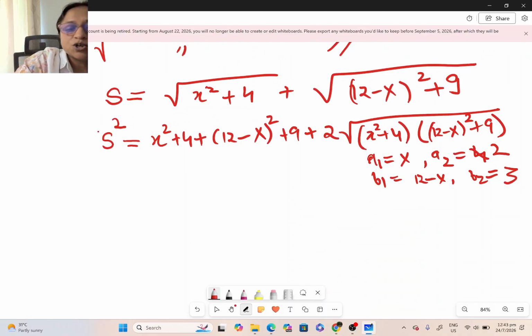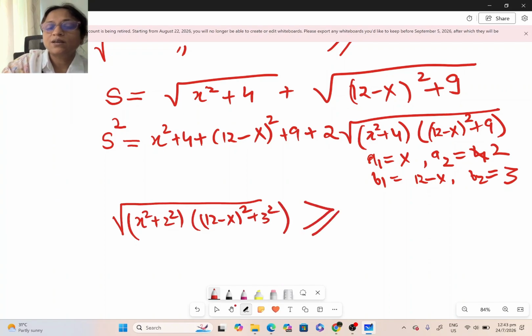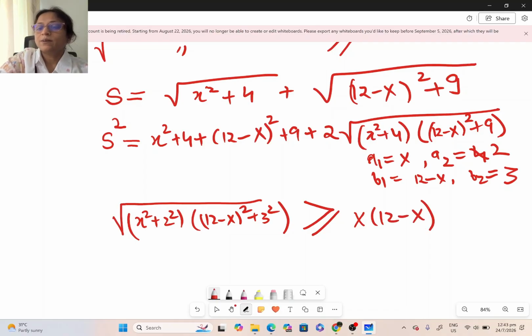We know by Cauchy-Schwarz that (x² + 2²)((12 − x)² + 3²) should always be greater than or equal to a1b1, so x into (12 − x), plus a2b2. a2b2 is 6, 2 times 3 is 6.